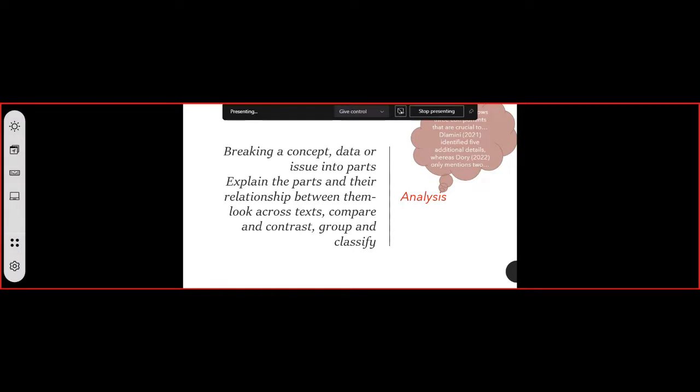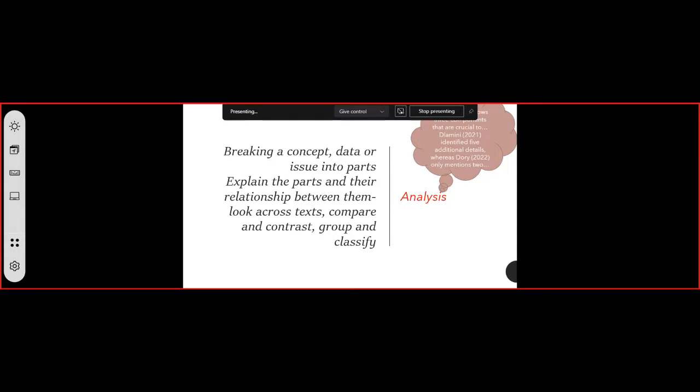So I've given you just a quick example at the top where we can say this author, for instance, identified 3 specific characteristics or components of this concept. However, someone else identified an additional 5, whereas Dory only mentions 2. Now you've taken it apart and you've got, for instance, at the end, say 5 or 6 or 7 crucial components.